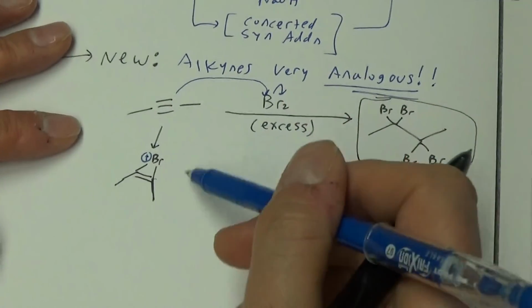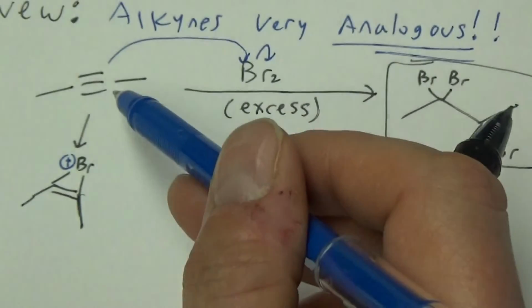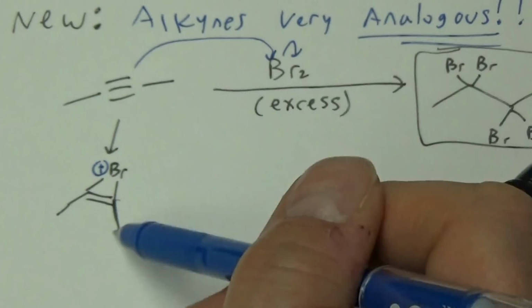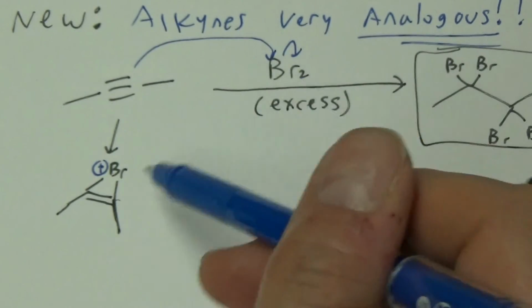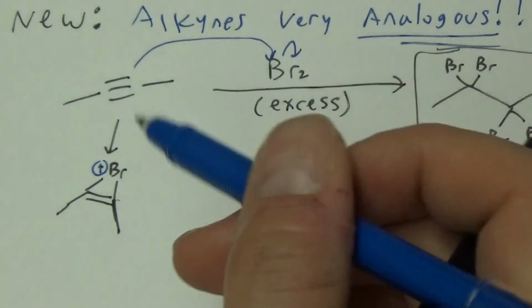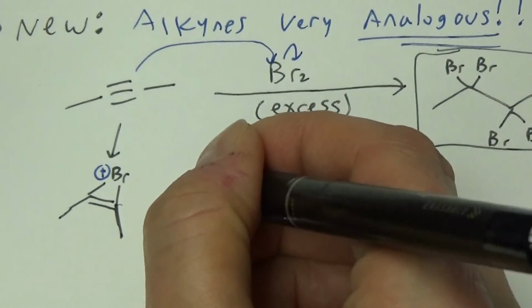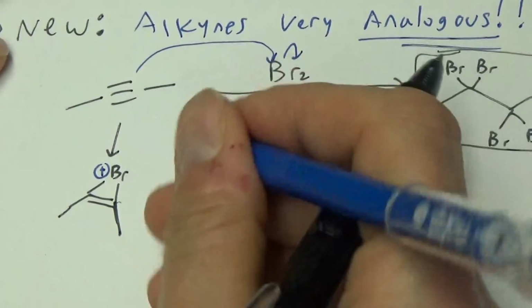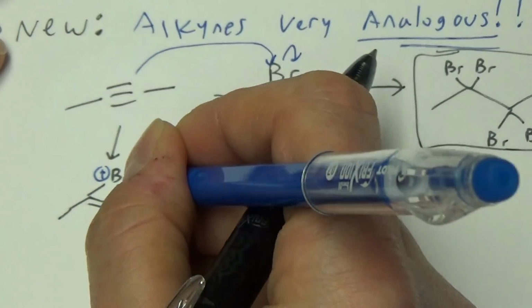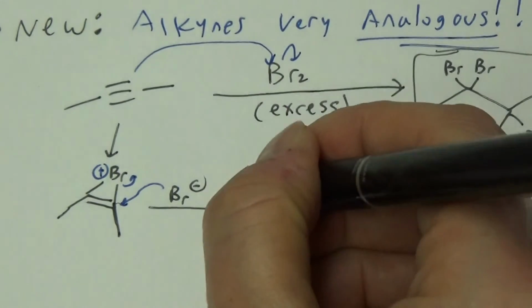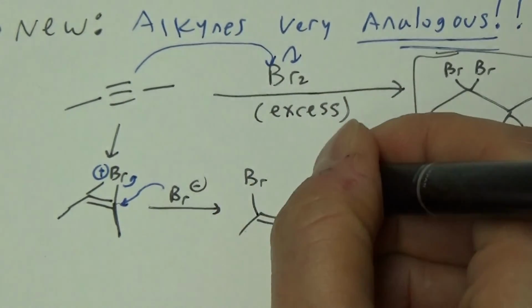Because you first have the triple bond, and now when you have one of the bonds attack, you're left with a double bond. So this is kind of like a cyclic bromonium, just like we did with alkenes. And then Br attacks again, kind of like this. All right, and now what do you got? Br, Br.